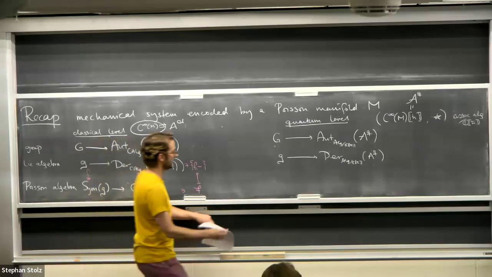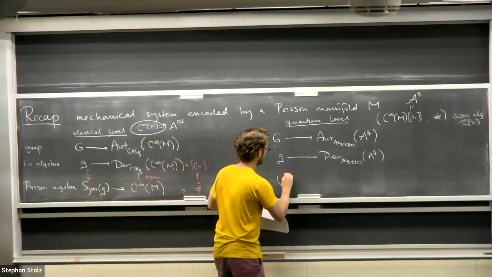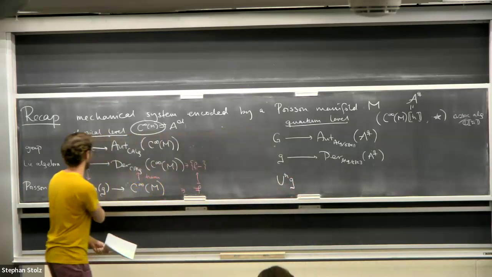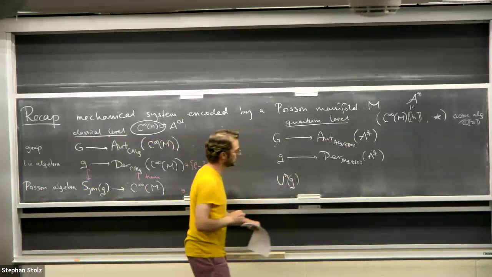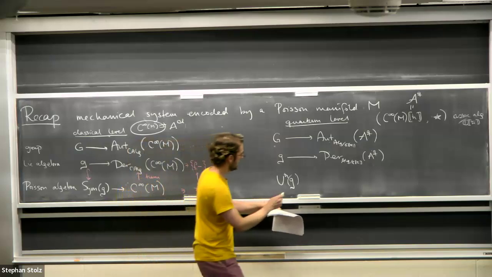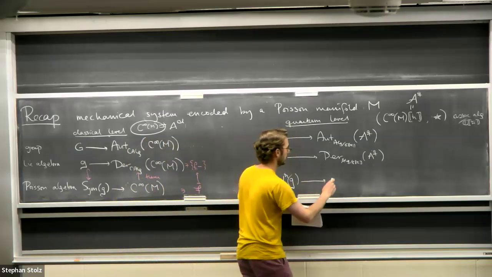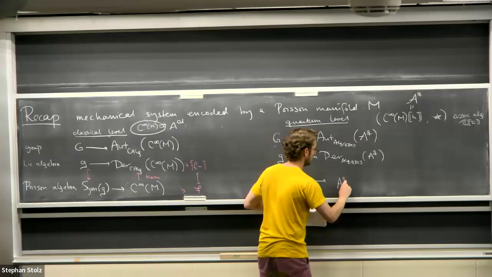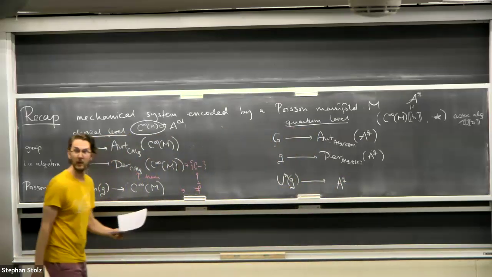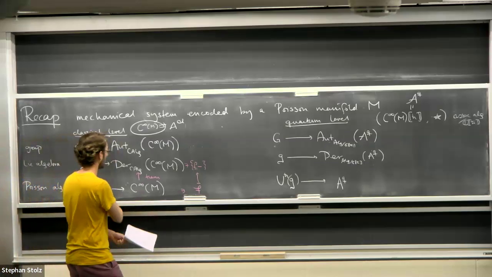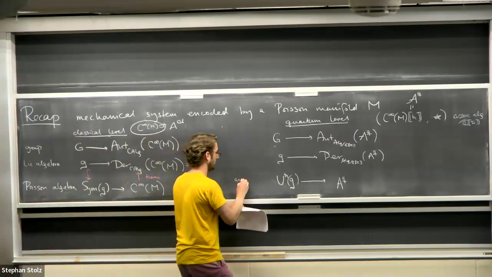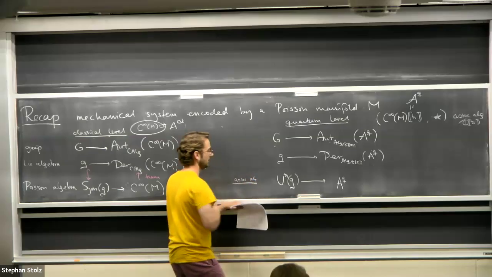And then we had this deformation quantization of polynomials in g, this h bar weighted version of the universal enveloping algebra. And we ask that this be a map of associative algebras. So this was a Poisson algebra. Now this is an associative algebra map.